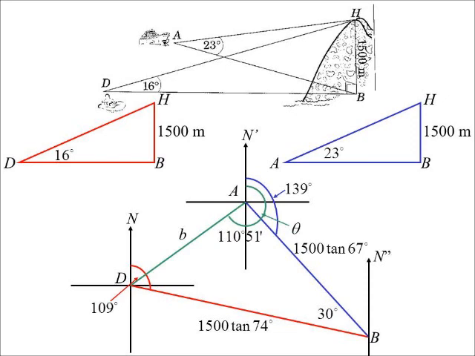Let me get the calculator. 1500 tan 67, what's that? Let's work out which is actually the biggest side here. 3,533. What's 1500 tan 74? And B was around about 3,000, wasn't it? Okay, well that's okay because of the 30 degrees. So which one was bigger? The tan 74 one.